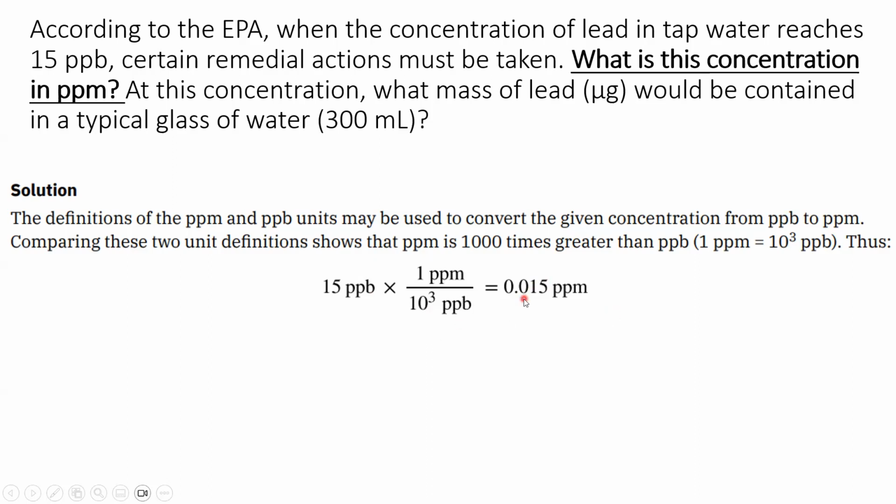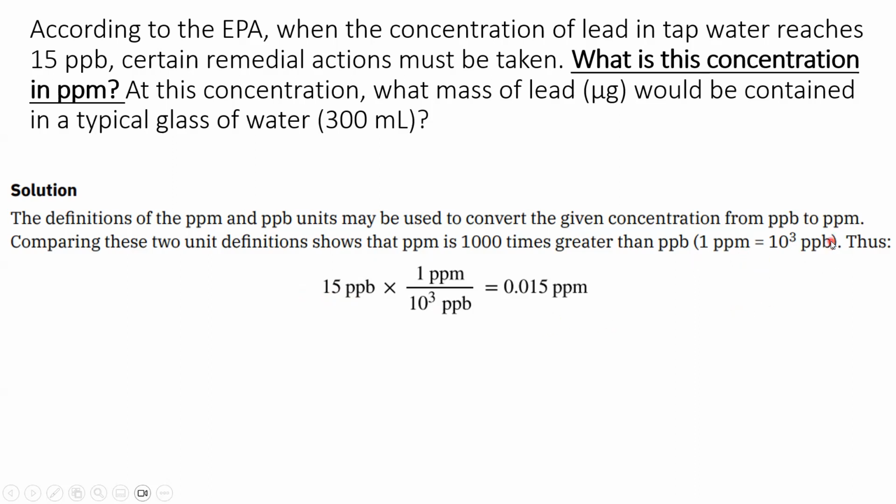So we should have 10 to the 3rd fewer in terms of our value. So we're essentially just dividing by 1,000 here. We're moving that decimal over 3. And that's why it goes from 15 just to 0.015 parts per million.